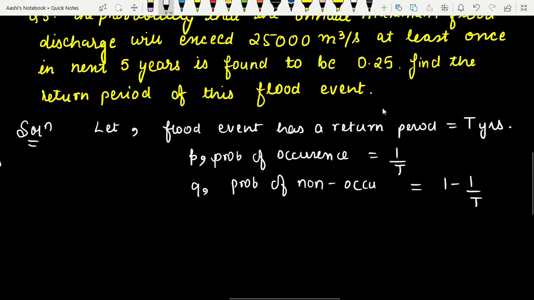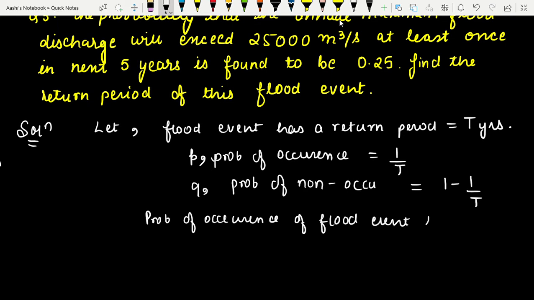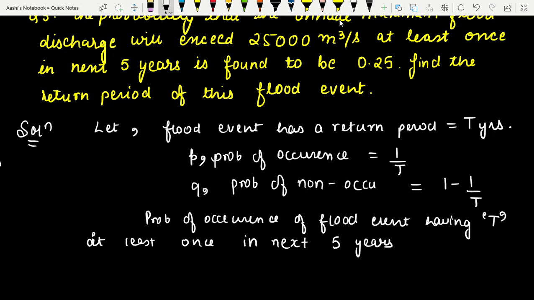Now the question is saying the probability that this flood event occurs at least once in the next 5 years is given. So the probability of occurrence of a flood event having a return period T at least once in the next 5 years is equal to 0.25.